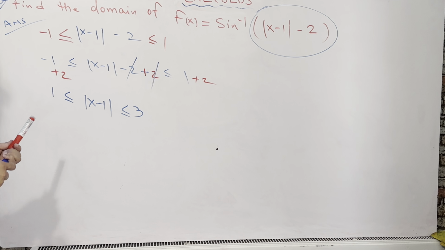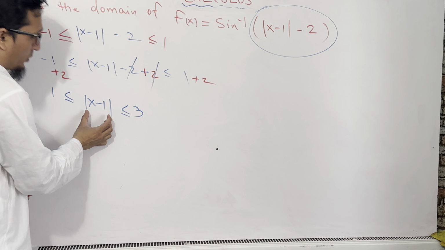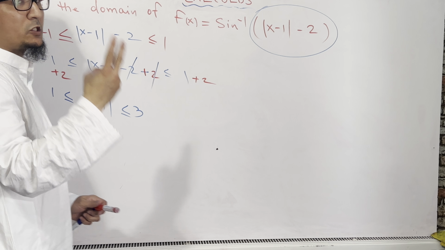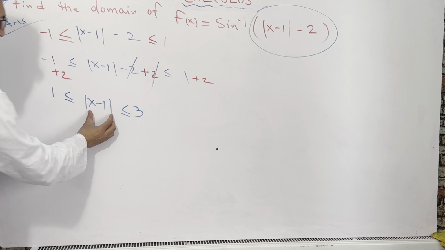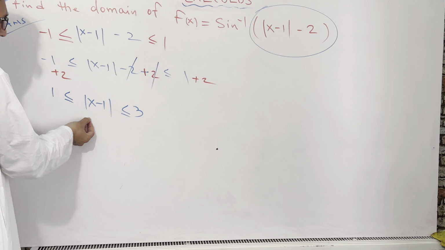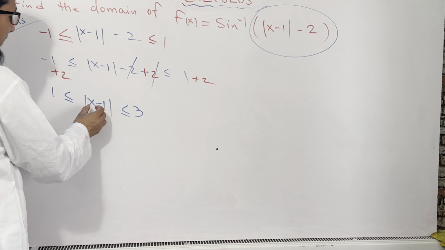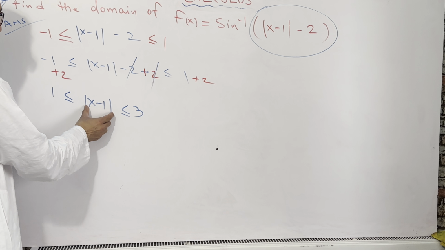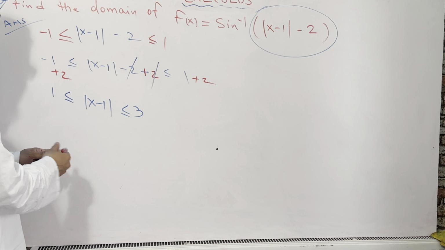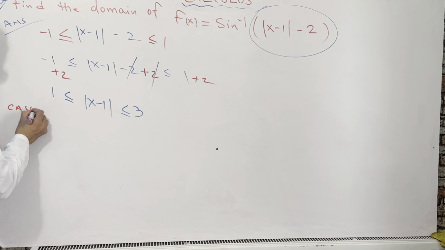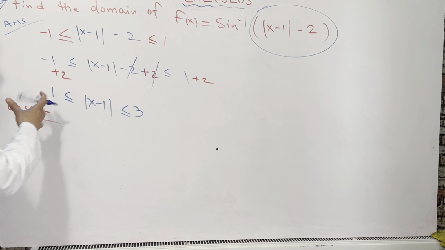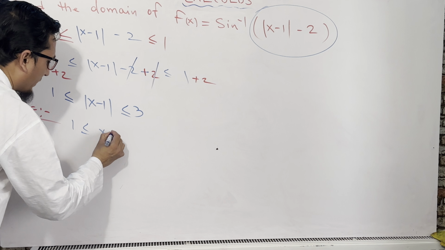As you can see, you have a modulus function, right? So whenever you have the modulus function, it has two values, one positive, one negative, right? So it's so easy. If you want to find out the domain, what value of x, the value of mod of x minus 1 lies between 1 and 3. So you just write down two cases. Case 1, just take the positive value: 1 is less than or equal to x minus 1, less than or equal to 3.